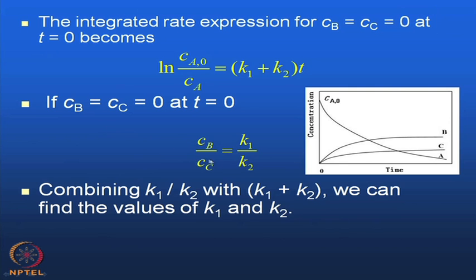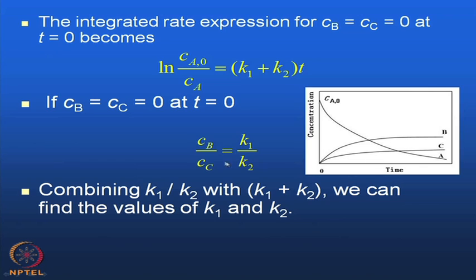Okay. So, if we plot, it is like this. Ca0 is the starting concentration, it is depleting to give you some A. So, A is reducing with time, and B and C are exponentially rising. Whether this will be produced in larger proportion or that will be produced in larger proportion is decided by their relative rate constants, that is the magnitude of K1 and K2.